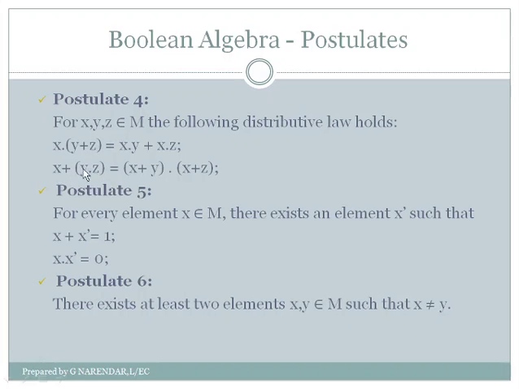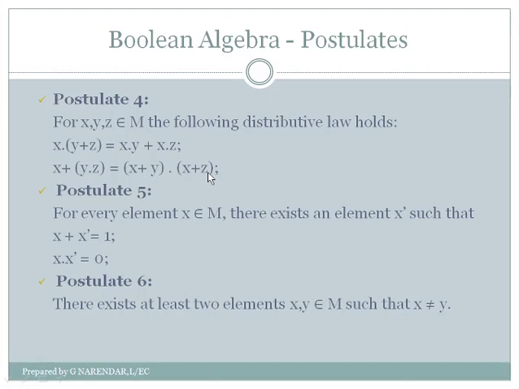So this is the same as the AND operation performed between the result of x OR y and x OR z. So here the OR operation is distributed over AND operation. So x + (y · z) equals (x + y) · (x + z).